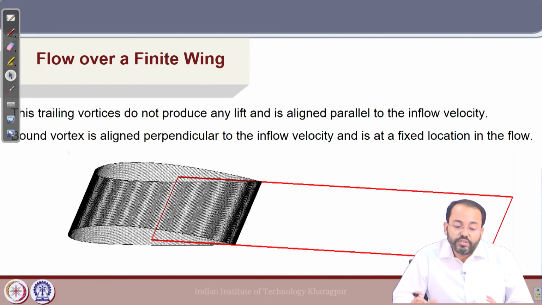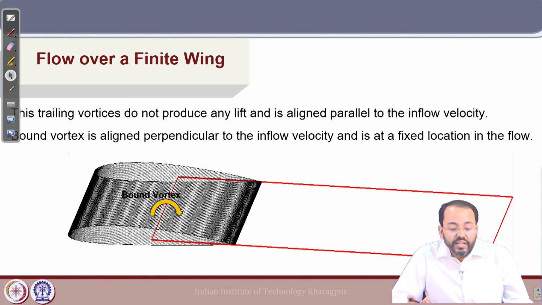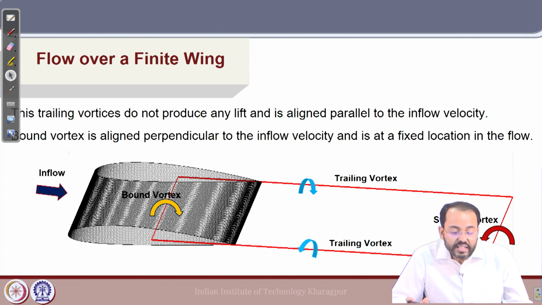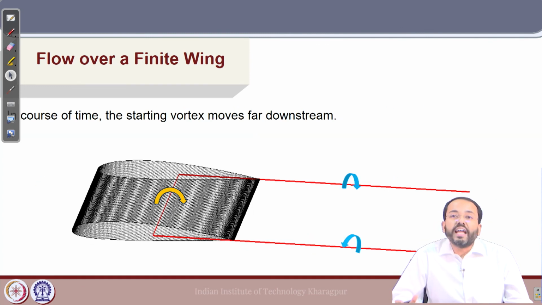Now, one has to remember that the trailing vortices do not produce any lift, but they are aligned parallel to the inflow velocity. But the bound vortex, which is aligned perpendicular to the inflow, is actually producing the lift. So, in course of time, what happens? The starting vortex moves much farther downstream, and in a realistic flow, due to the effects of viscosity, it gradually dissipates.